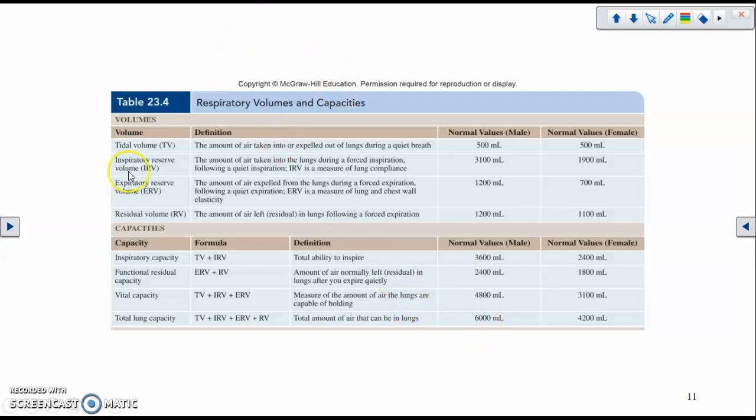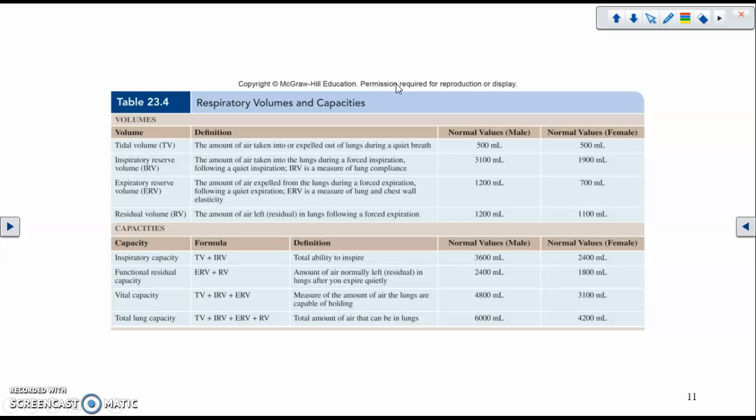There are also two main types of respiratory problems. We have what we call restrictive problems, and obstructive problems. Restrictive problems are primarily caused by the inability to inhale, and also to exhale. There's a problem with your respiratory muscles, or with your lungs inflating properly.